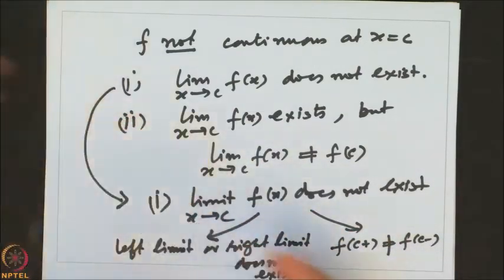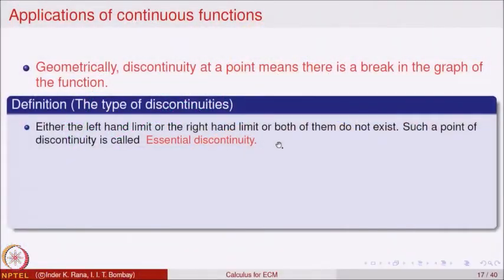So, these are the various ways a function can be discontinuous at a point. Let us give them names for each one of them. Either the left hand limit or the right hand limit or both of them do not exist. Such a point is called a point of essential discontinuity.